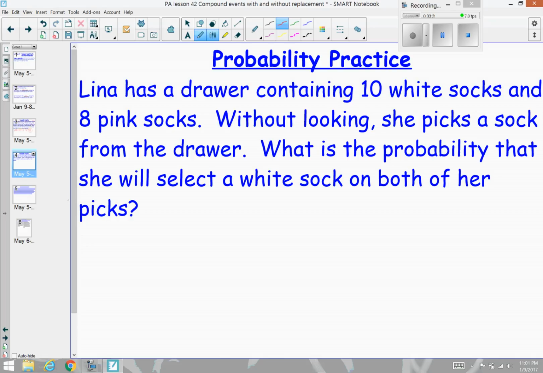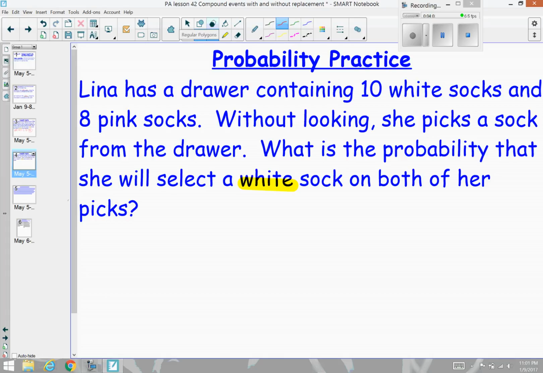In our next example, Lena has a drawer that contains 10 white socks and 8 pink socks. Without looking, she picks a sock from the drawer. What is the probability that she will select a white sock on both of her picks? So again, we're looking to pick white socks.